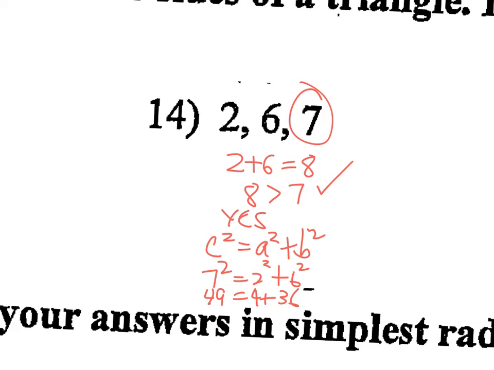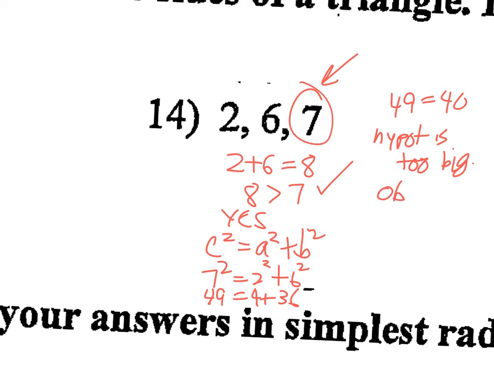So you have that 49 is not equal to 40. Okay, so in this problem, then this 7, this hypotenuse is too big for it to be a right triangle. So when the hypotenuse is too big, then that conclusion means that this must be an obtuse triangle.